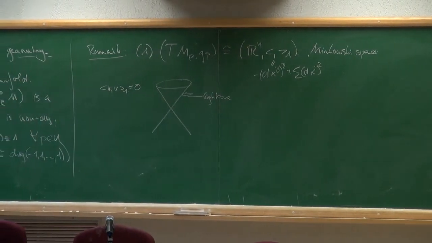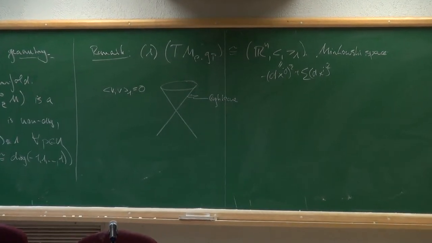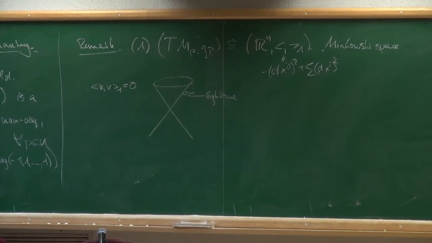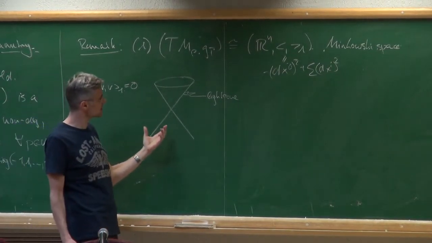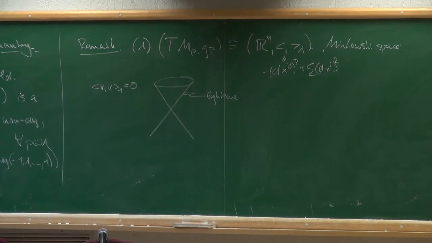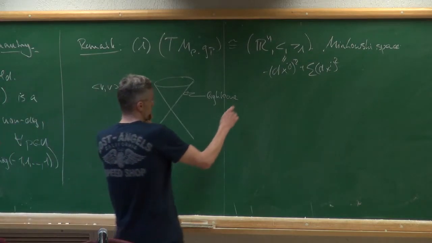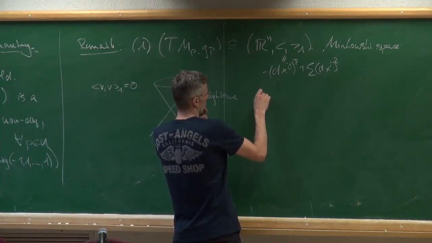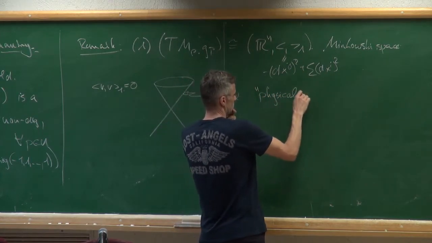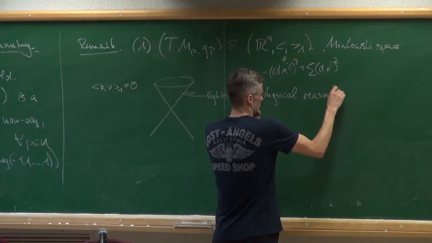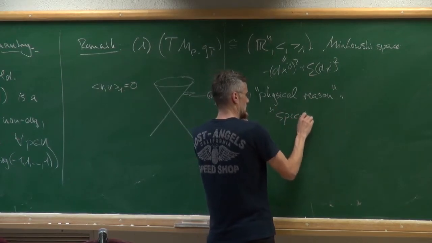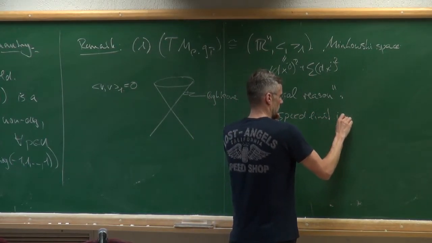The reason for its relevance from physics for this geometry is the existence of a speed limit in general relativity. So the physical, or intuitive, reason for this existence is the speed limit in relativity.